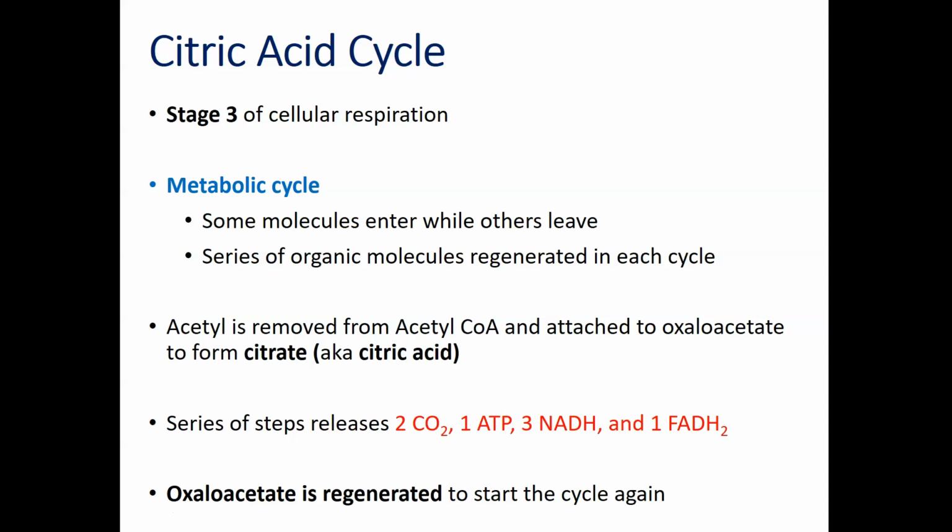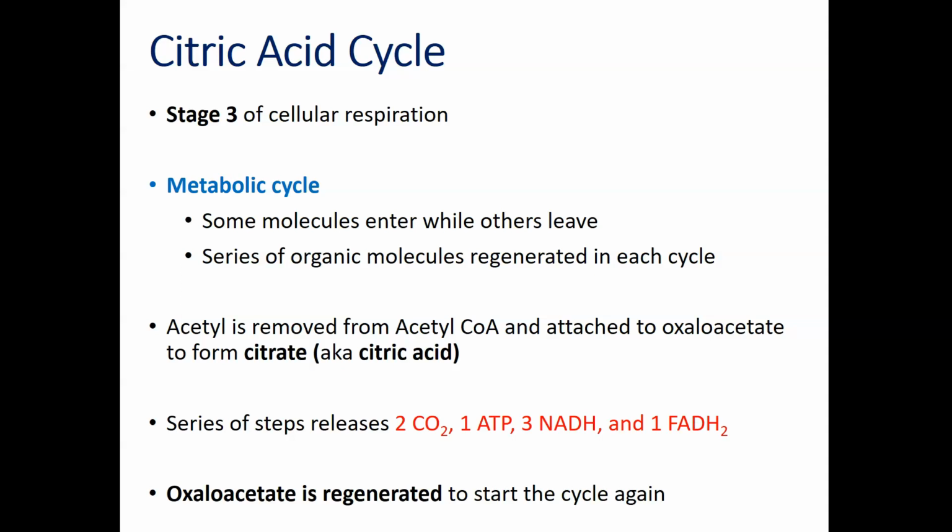So some molecules are going to enter and others will be leaving, but this cycle will continue on indefinitely. I'll show you what that looks like. So the acetyl group is going to be removed from acetyl-CoA and is going to be attached onto a 4-carbon molecule known as oxaloacetate to form citrate or citric acid.